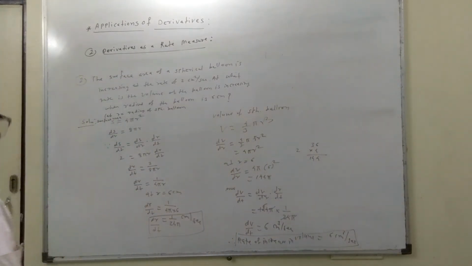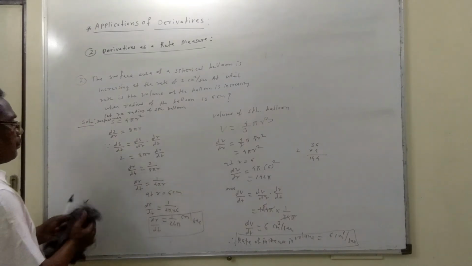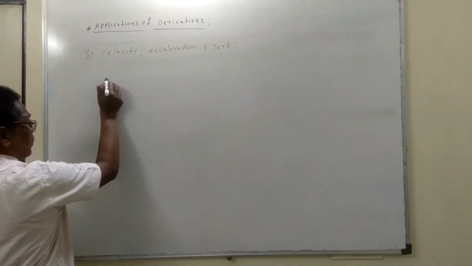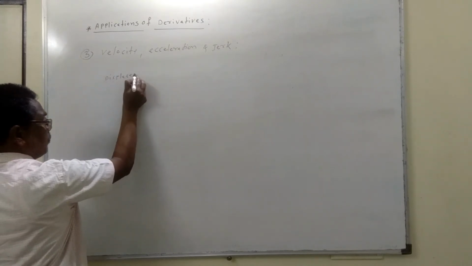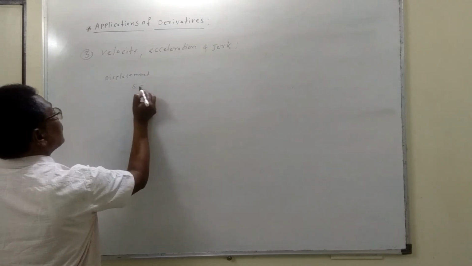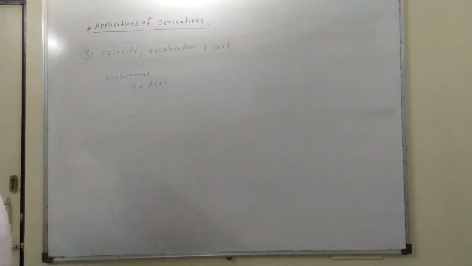So in this way you solve the example for rate measures by using the derivatives. So suppose we consider a displacement function. Displacement S is equal to f of t.